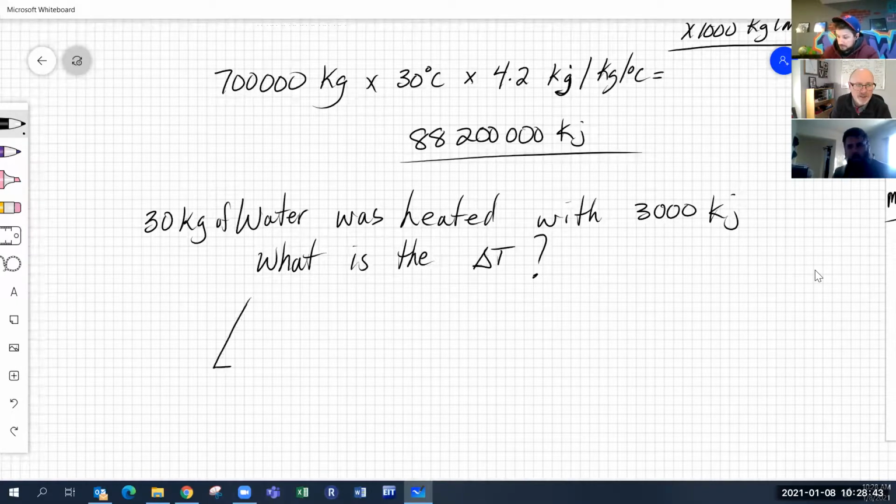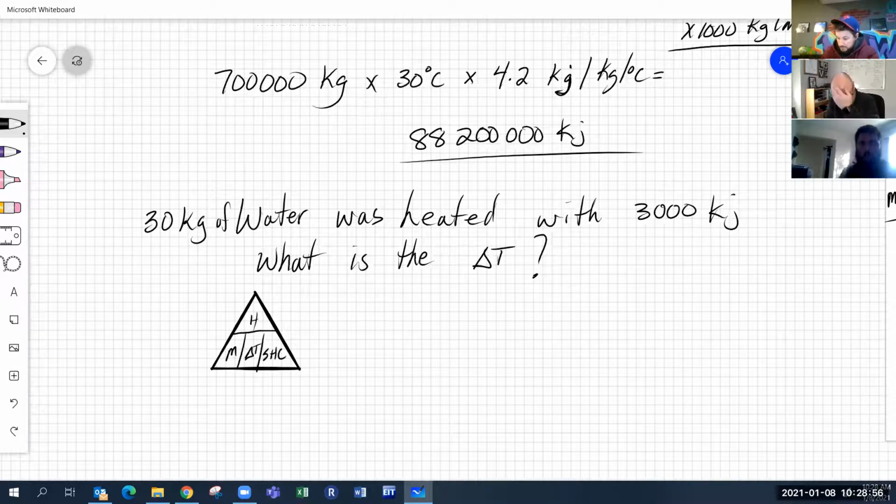So anytime I do this, I want to know my formula triangle where the heat is equal to the mass times the delta T times the specific heat capacity. Now, these formula triangles are amazing in this way where if I want to know what the delta T is, I simply take it out of the equation and I do what's left. So it says the heat divided by the mass times the specific heat capacity would equal my delta T.